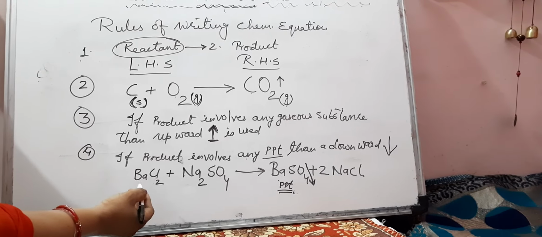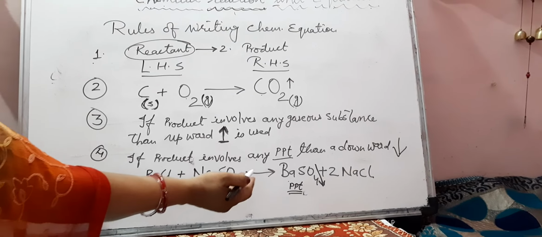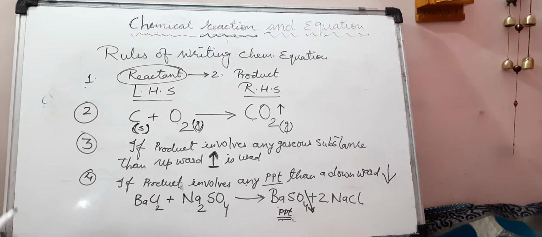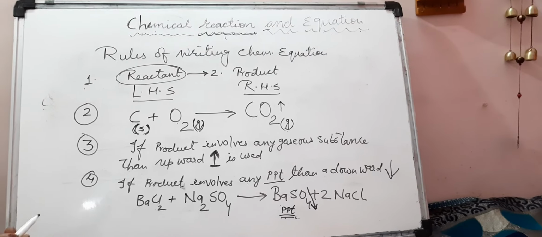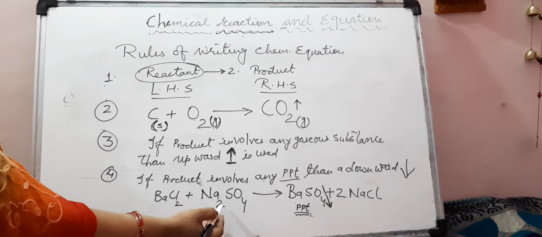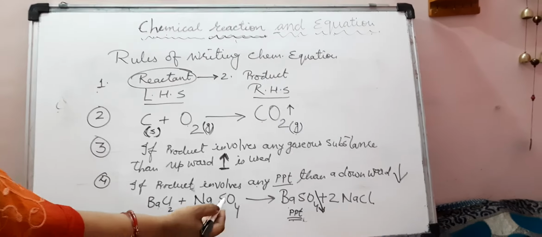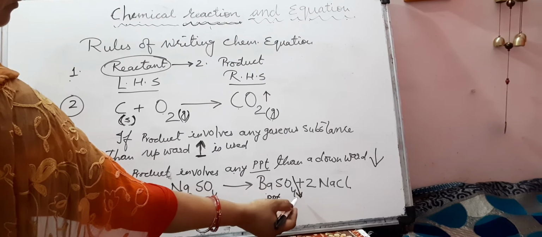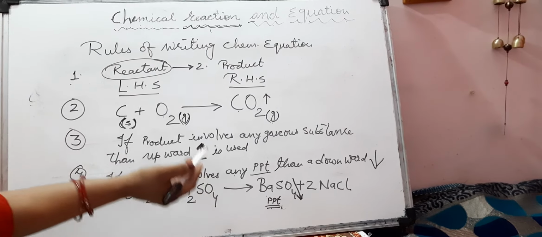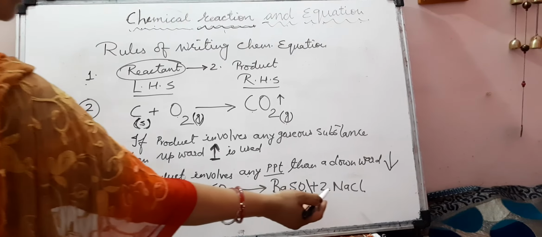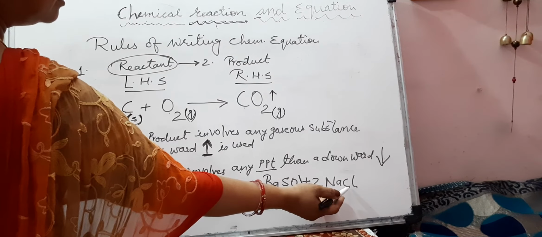So, the reaction where we are getting a precipitate, we call this reaction a precipitation reaction. Again, I am telling you, students, barium chloride when reacting with sodium sulfate gives a precipitate of barium sulfate, with a downward arrow because a precipitate always settles down, and along with that we are getting NaCl.